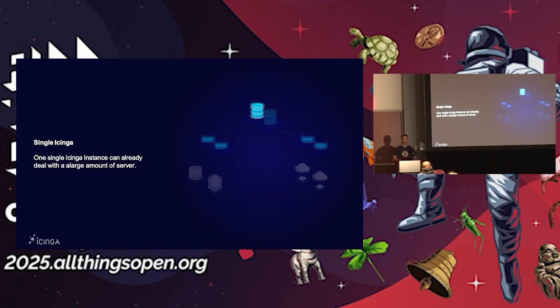Even though a single Icinga node with Icinga server and the web interface all on a single node is already capable of monitoring a couple of thousand machines, depending on the hardware. At some point, you can imagine that some of our users are monitoring 30 to 40,000 servers across multiple data centers. They require a way to distribute the load.